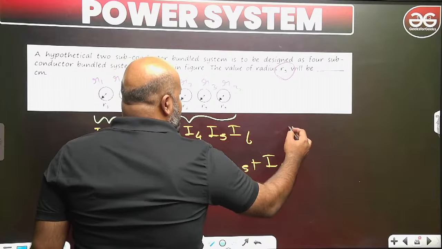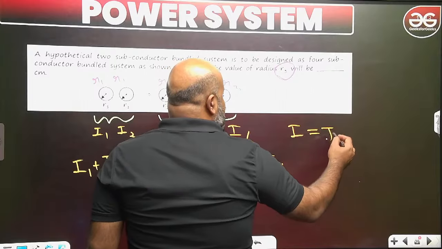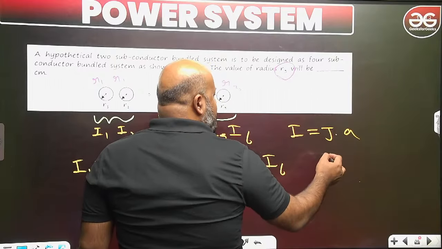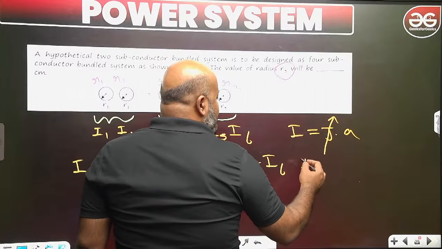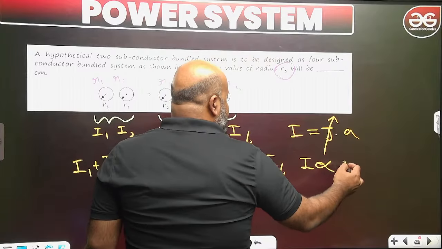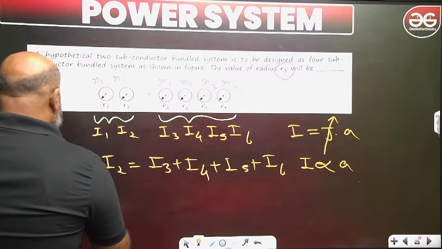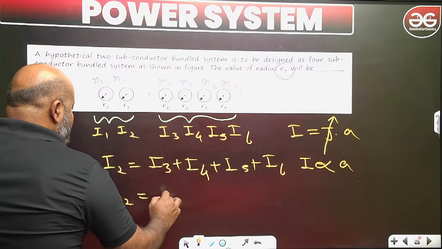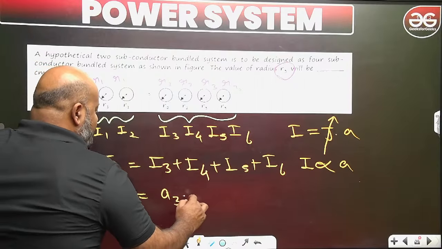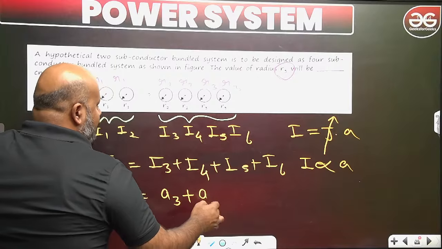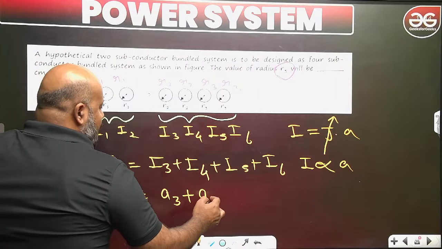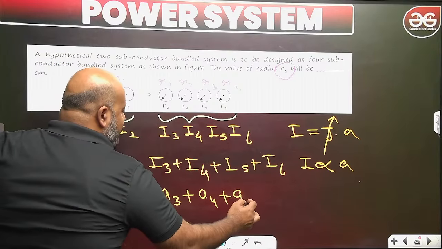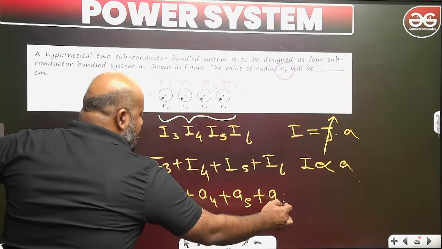But you know the current is current density multiplied by area. Now for transmission line, J is constant. So I is directly proportional to the cross sectional area. So you can write A1 plus A2 is equal to A3 plus A4 plus A5 plus A6.